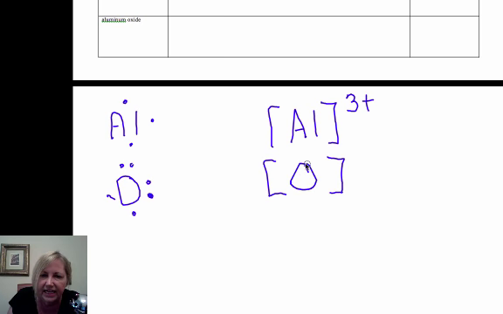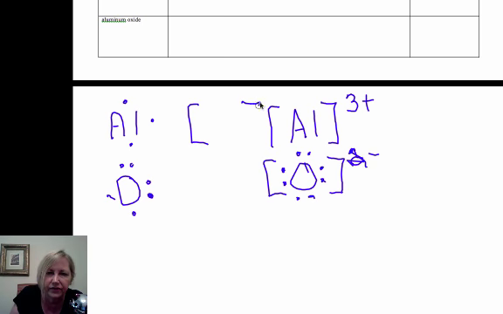So it's going to gain 2 electrons, and it'll be like this, 2 negative. Now we've got 2 negatives and 3 positives, so we have excess positive. So let's draw another negative. And so we draw another oxide with its 2 negative charge.